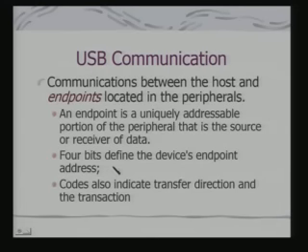In fact, these 4 bits define the device's endpoint address, and the codes also indicate transfer direction and the transaction type, that is, the token which is circulated by the host indicates the transfer direction as well as the transaction type.